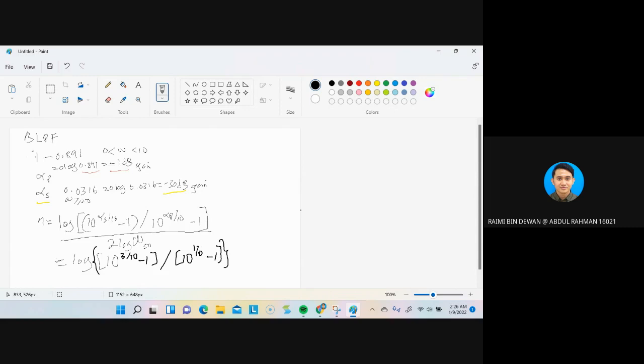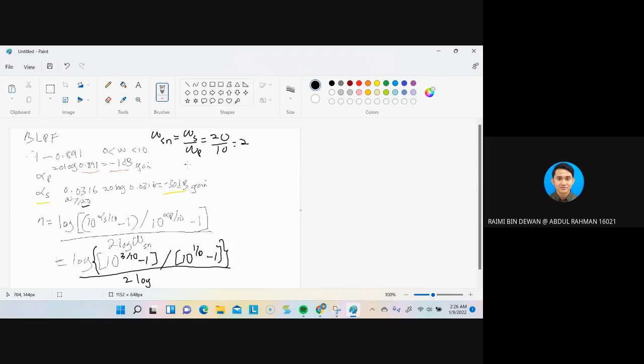And then 2 log omega Sn. Omega Sn is actually the ratio between omega S over omega P, where omega S is 20 and omega P is 10. So it is 2.